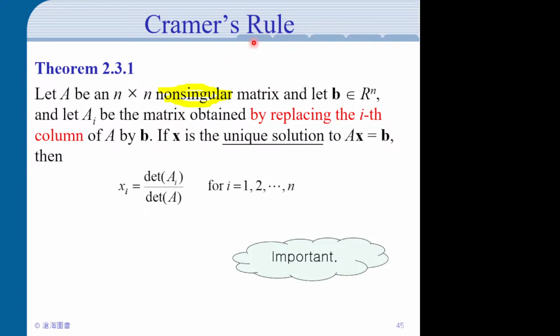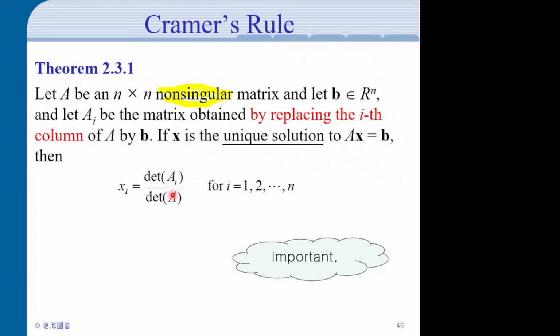So that was finding A inverse, and now we want to solve AX equal to B. I want to solve AX equal to B for A non-singular, so we have a unique solution.